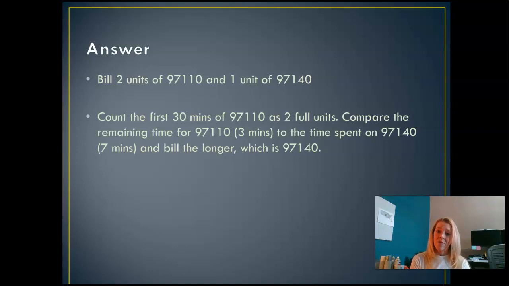So then we compare that 3 minutes to the 7 minutes that we did manual therapy. We did the manual therapy longer. So we will bill the 1 unit of manual therapy. Think about it maybe kind of like cheating those 3 minutes over to make it like 10 minutes worth there. But the correct answer is to bill 2 units of TheraX, 1 unit of manual therapy.